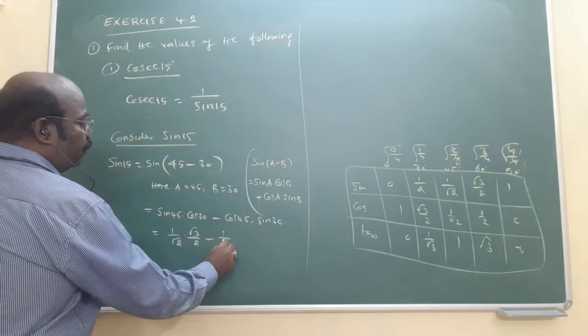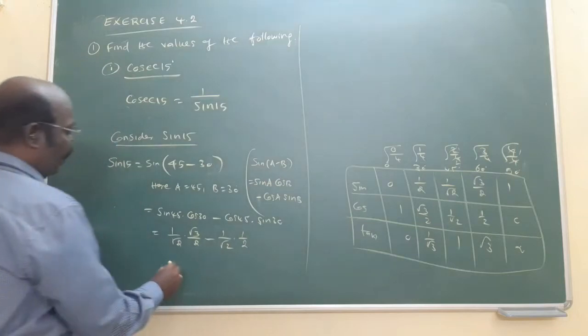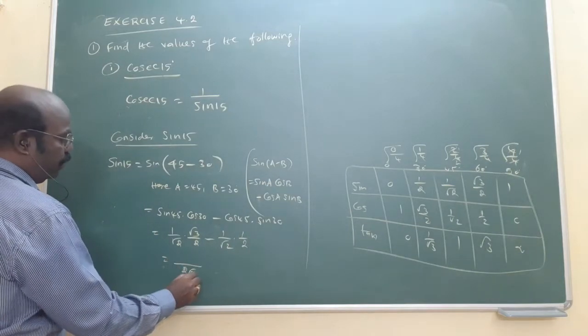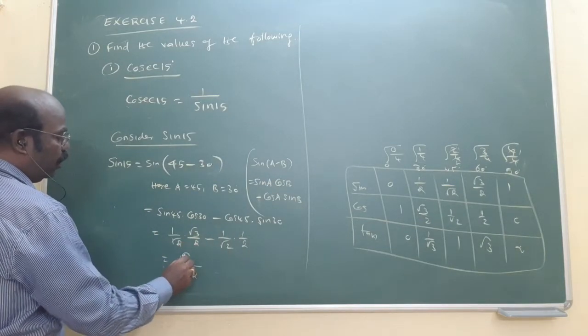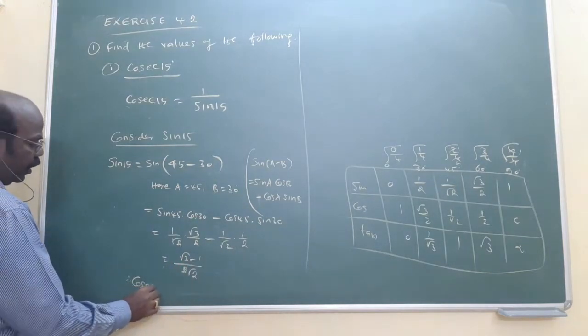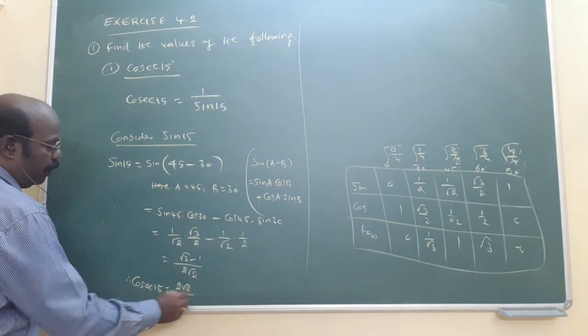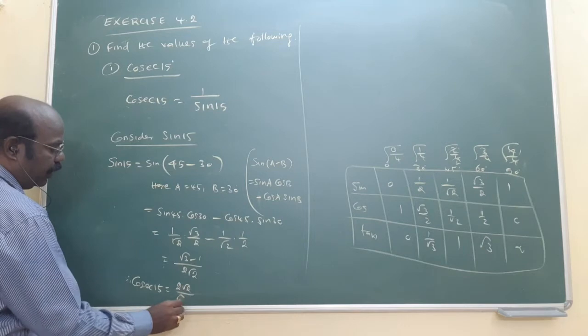The LCM is 2 root 2. The numerator is root 3 minus 1. What we want is cosecant of 15, so take the reciprocal: 2 root 2 by root 3 minus 1 is the answer.